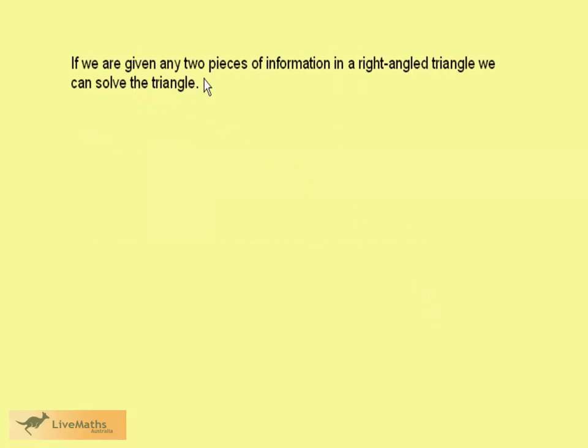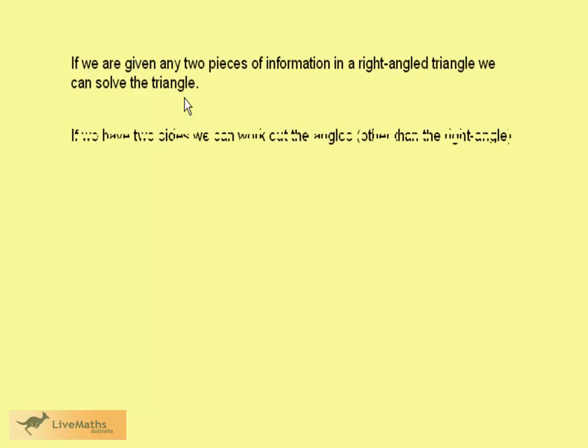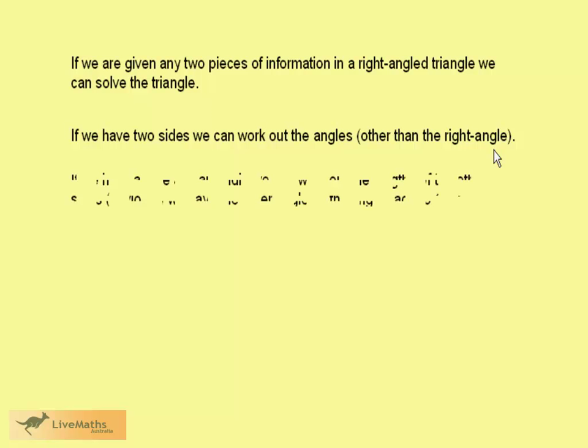If we are given any two pieces of information in a right-angled triangle, we can solve the triangle. Solving the triangle means finding all unknown lengths and angles. If we have two sides, we can work out the angles. These are the two angles other than the right angle, which obviously we already know.